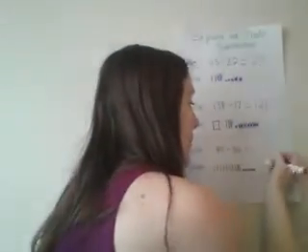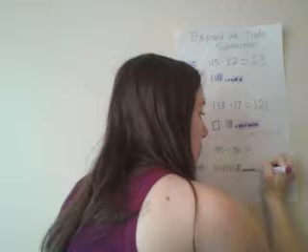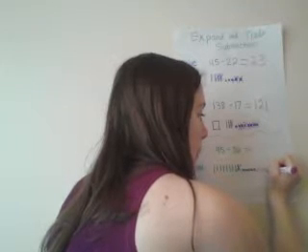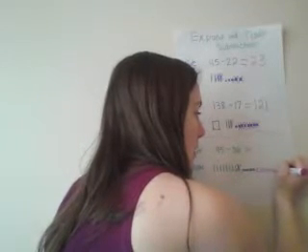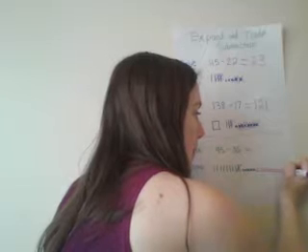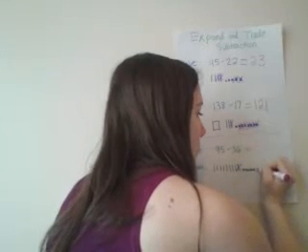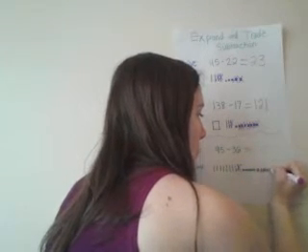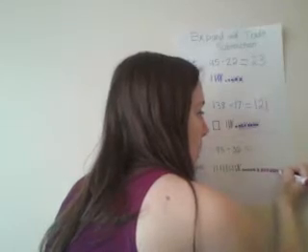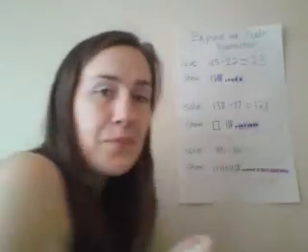I take one of the tens and I cross it out, and I'm going to make those tens ones. So I'm going to put those in pink. I'm just filling these in. Okay.